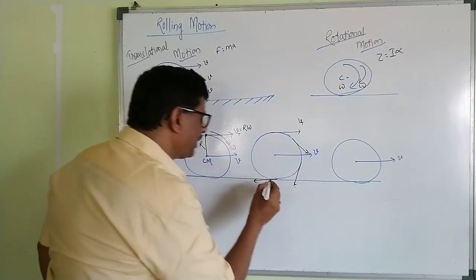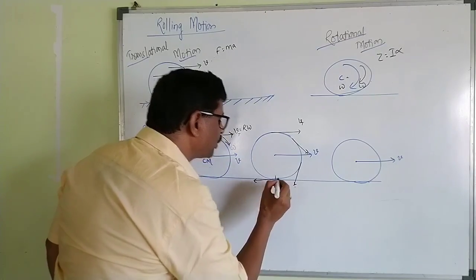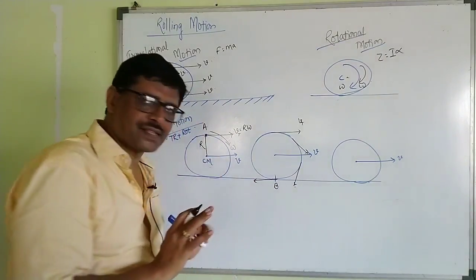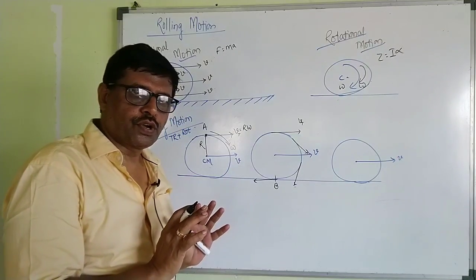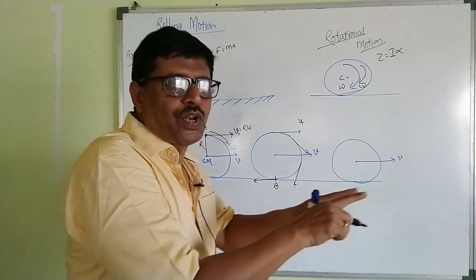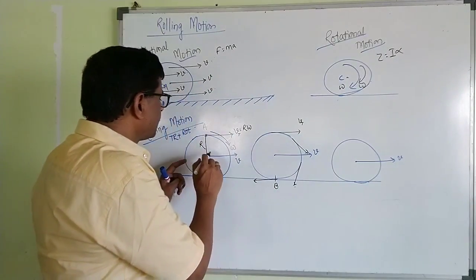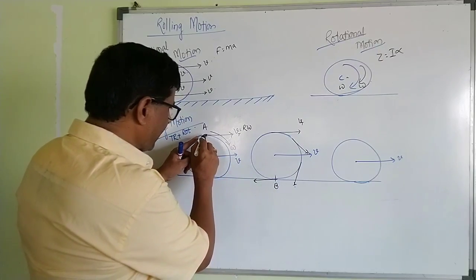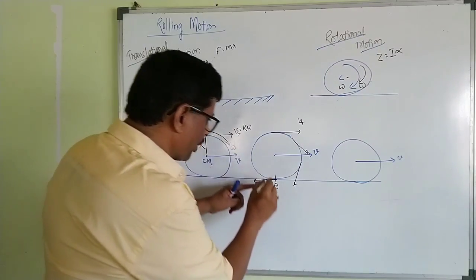But point A, after some instant of time, comes to B. The center of mass is not rotating, or it is not performing circular motion. It moves ahead only. But the rest of the points, as an example, I had taken here A. A will come to the point B.